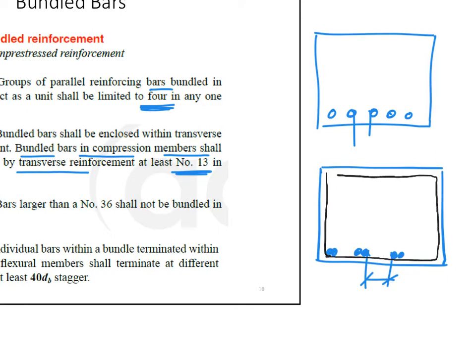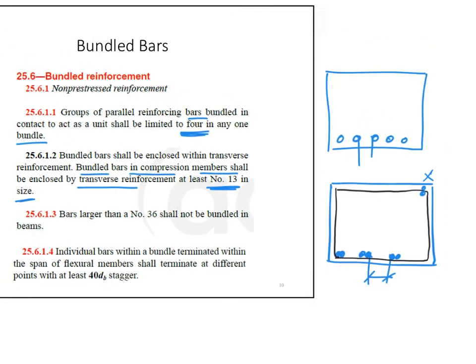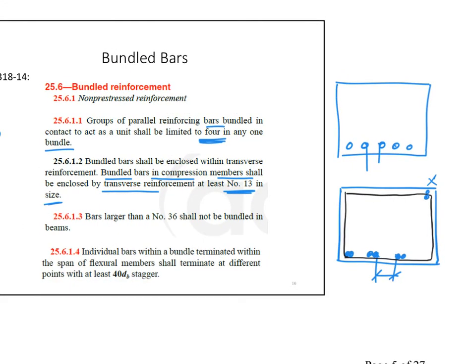Okay? So you don't come at one point and say, okay, I'll place 1 inside and 1 outside. This is not allowed. Okay? All your bundles have to be inside your transverse reinforcement. Okay? And if you're bundling, then this here, at least it is phi 13. Okay? It cannot be less than phi 13.